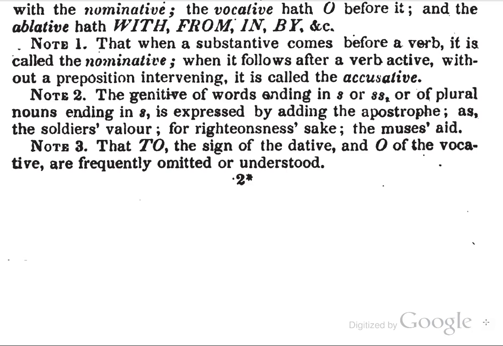The genitive of words ending in s or double s, or of plural nouns ending in s, is expressed in English by adding the apostrophe, as in the soldier's valor, or for righteousness' sake, or the muse's aid. Note 3. That to, the sign of the dative, and o of the vocative are, in English, frequently omitted or understood to be there.